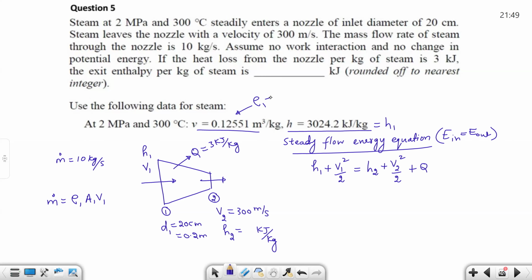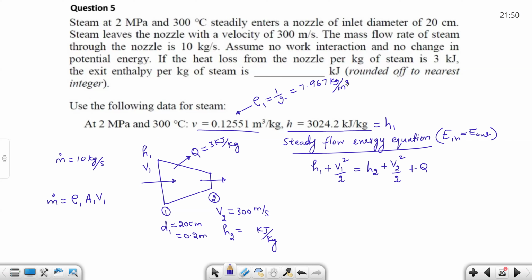Density is equal to 1 by the specific volume, so 7.967 kg per meter cube.